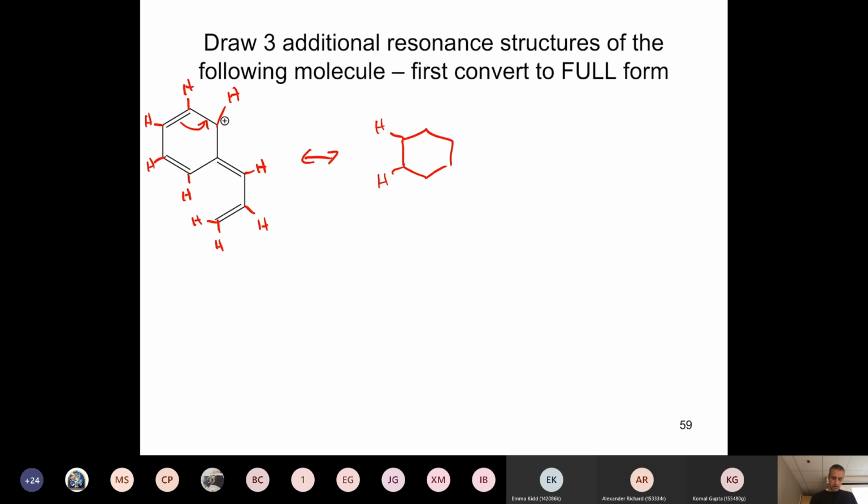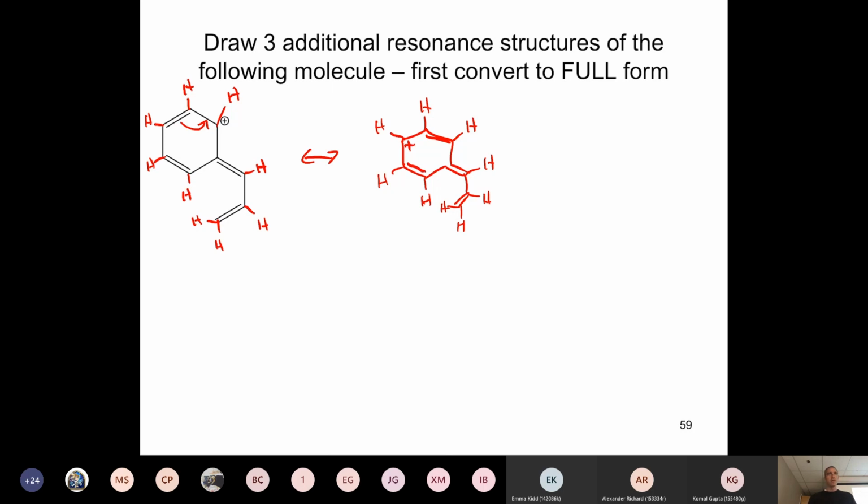Hydrogen, hydrogen, hydrogen. If something doesn't have an arrow associated with it, it didn't move, it shouldn't change. But we now have a double bond here. And the positive charge goes over there. So what I've done is move the charge over one place.